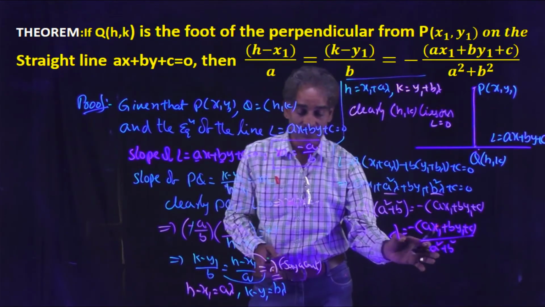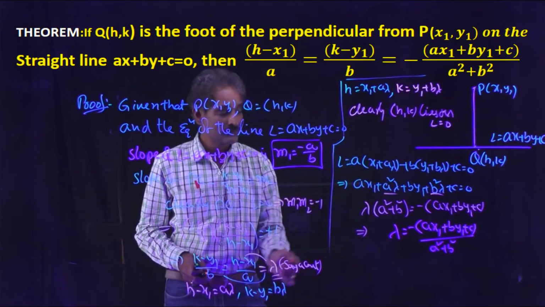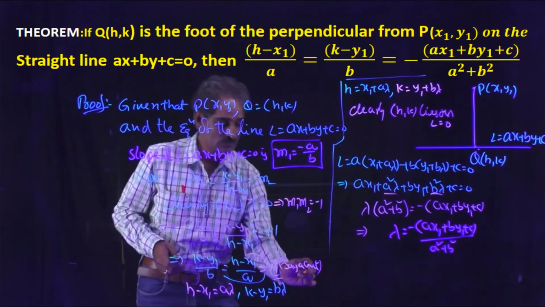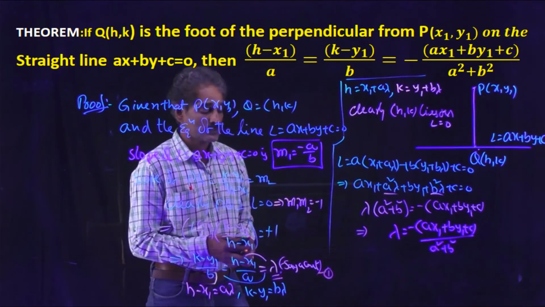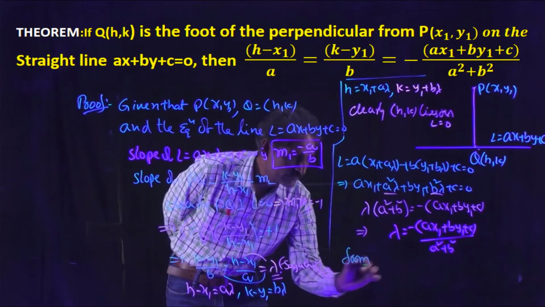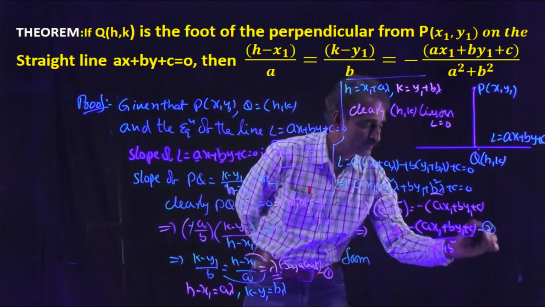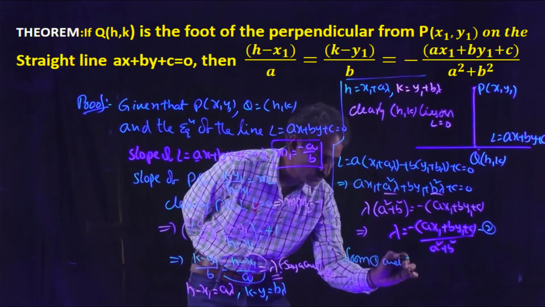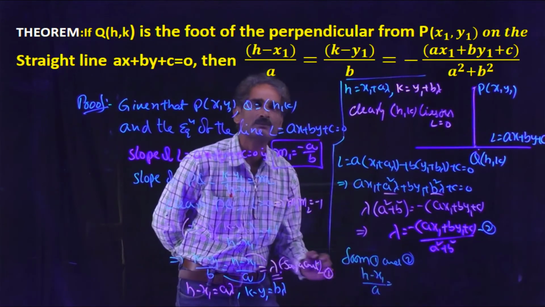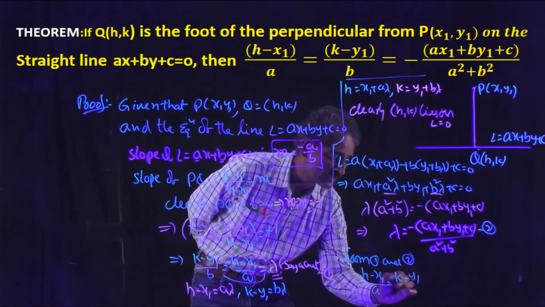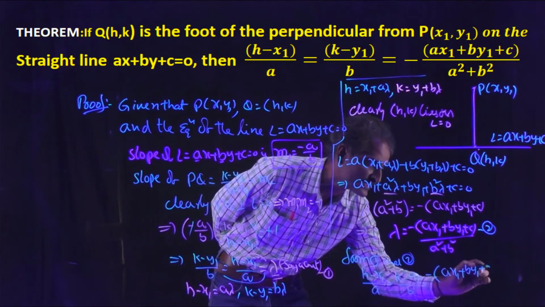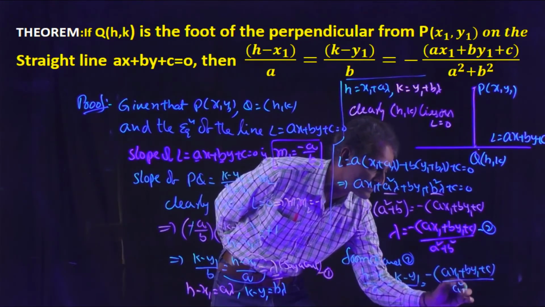Now replace lambda by this value, we will get the required condition. So substitute lambda in equation 1. From 1 and 2, we can write (h - x1)/a = (k - y1)/b = -(ax1 + by1 + c)/(a² + b²).